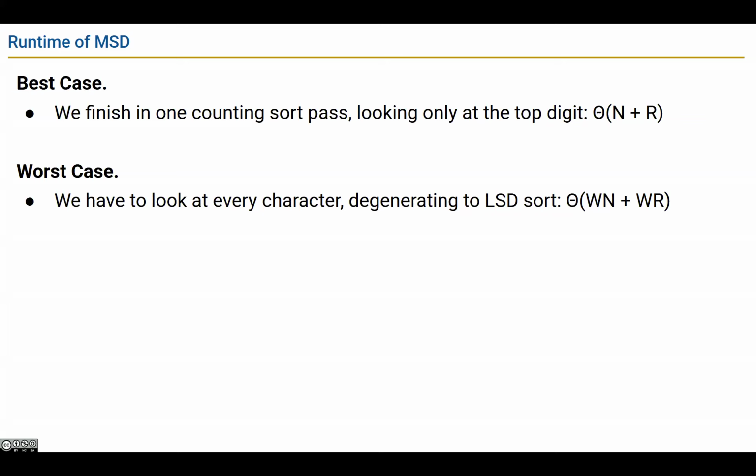Why don't we have this problem in the LSD one? It's because we're looking at the smaller digits first, and then at the very end, we get the biggest digit. We want to sort by the biggest digit last because that gets us the final full ordering of the things. So until then, if you have two numbers that are like 2,000 something, the middle digit will just decide which goes first.